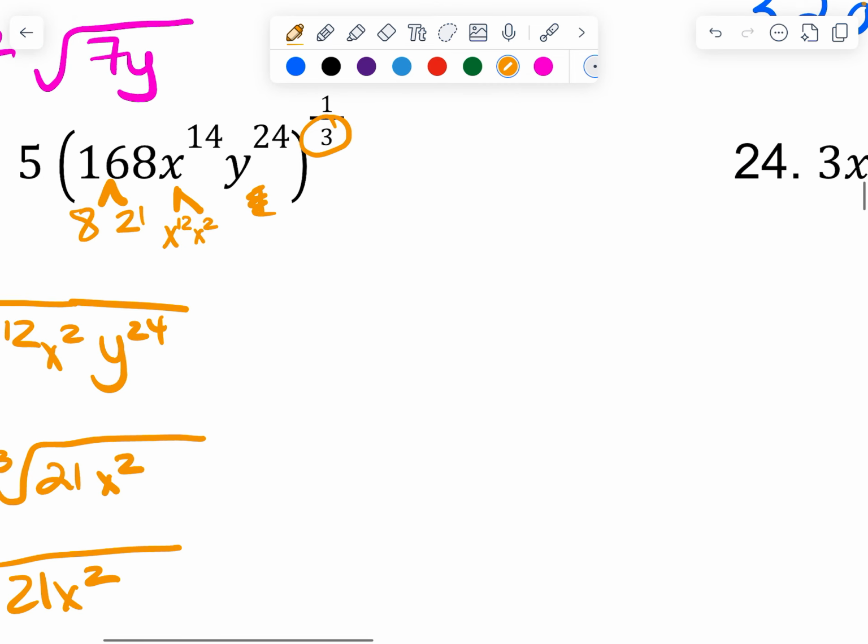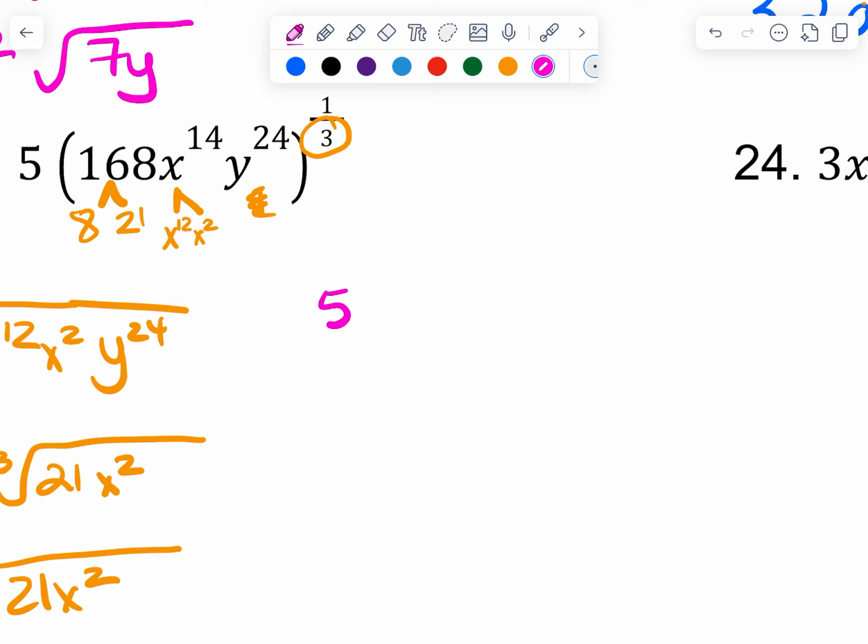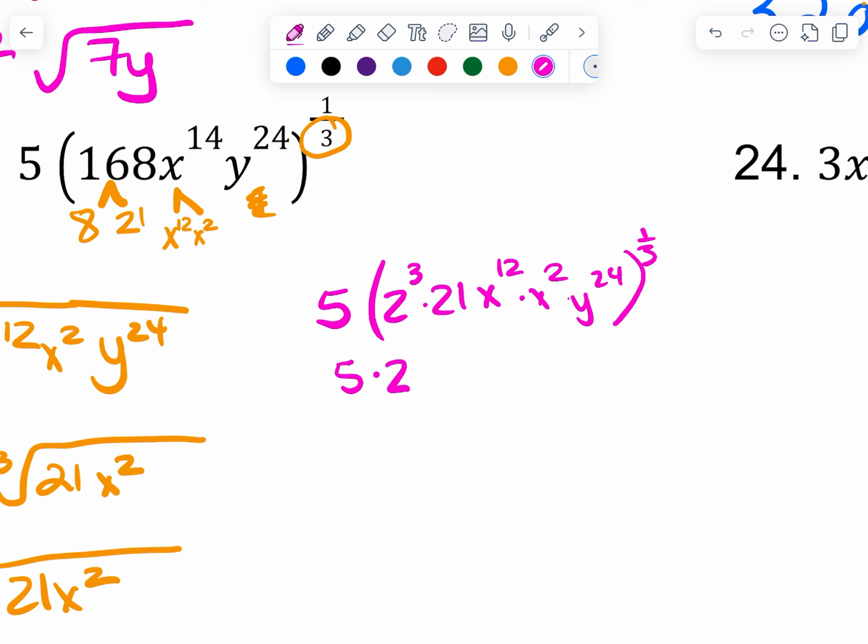Now, if I had done it the other way with the exponent, that's fine. 2 to the 3rd times 21, x to the 12th times x squared, and y to the 24th, raised to the 1/3 power. So 3 times 1/3 gets me 1, so I got a 2.